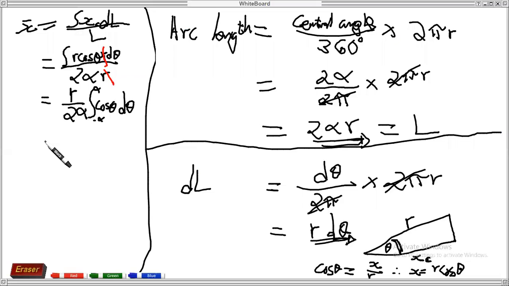If you integrate that, you should get R over 2 alpha, then that cos should become sin, and the limits you can put outside.